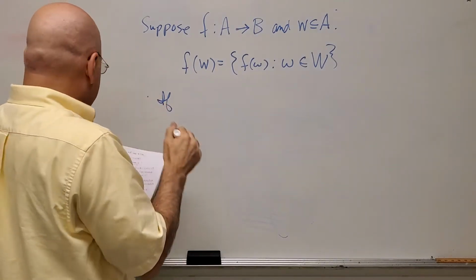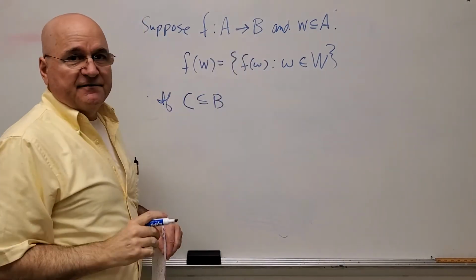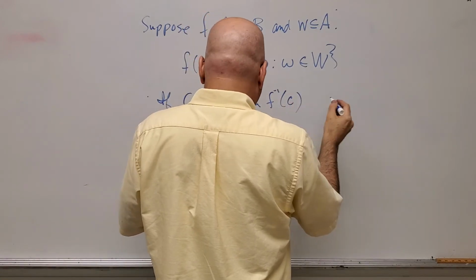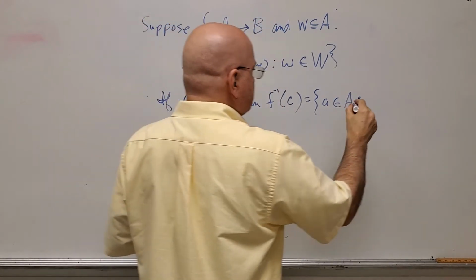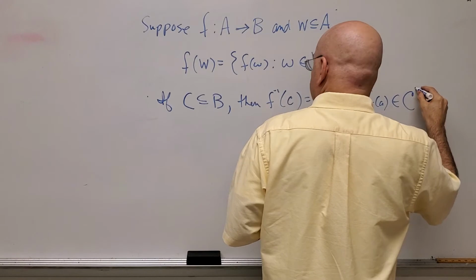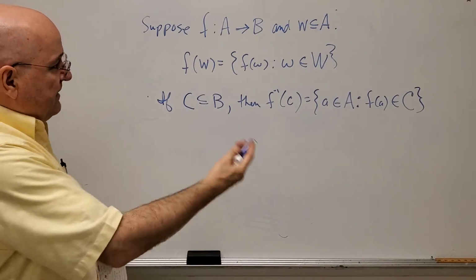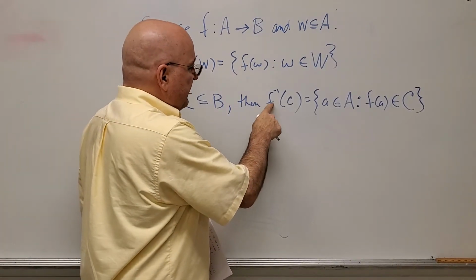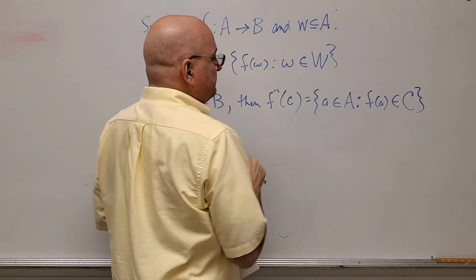Another related term is if C is a subset of B, over here, this is the codomain of f, then f inverse of C is equal to the set of all a in capital A such that f of a is an element of big C. That's called the inverse image of C under the function f.